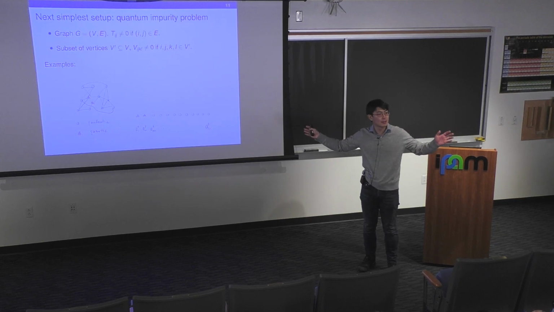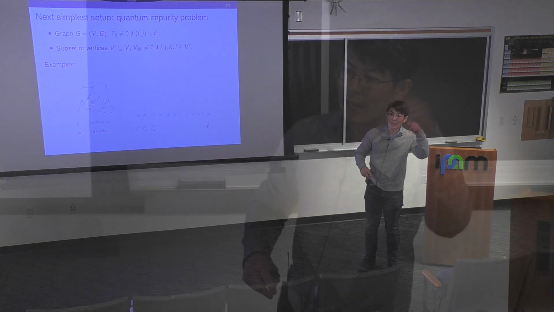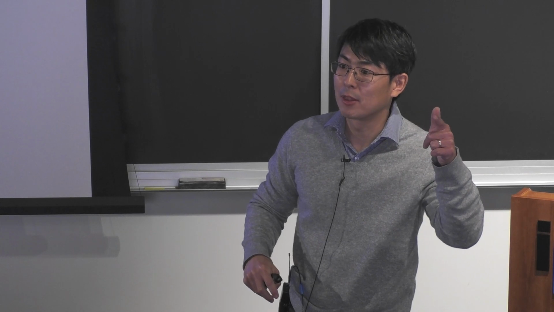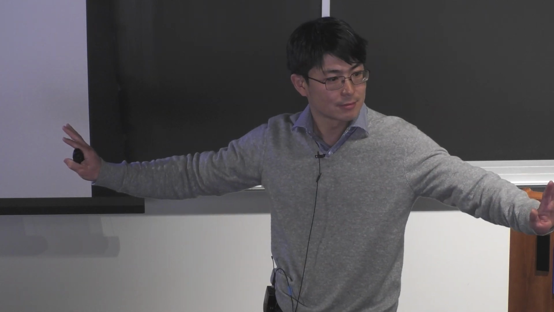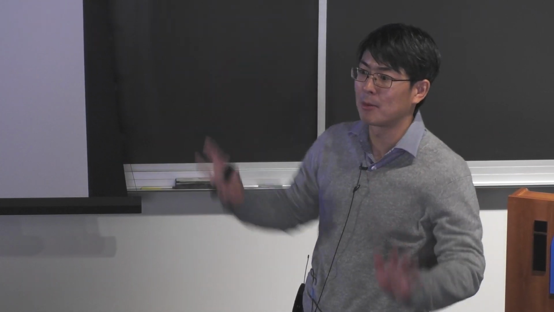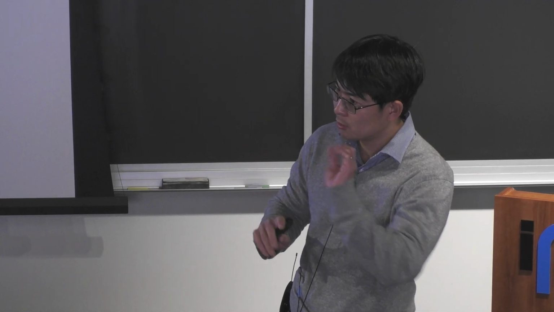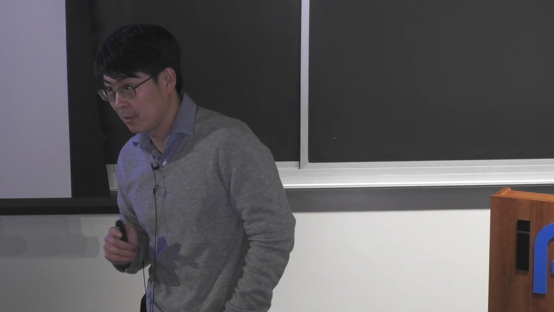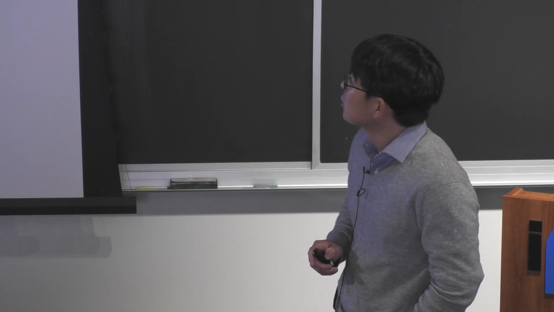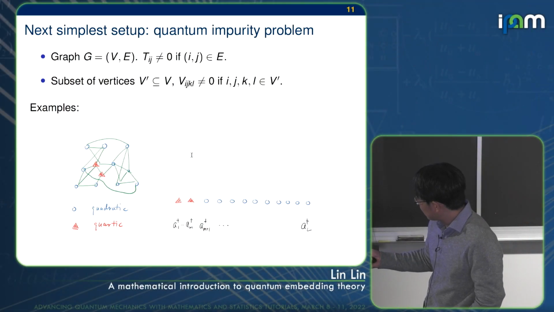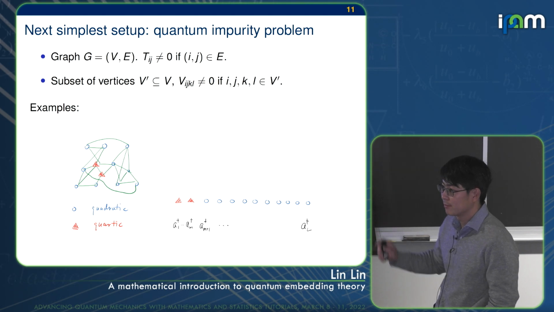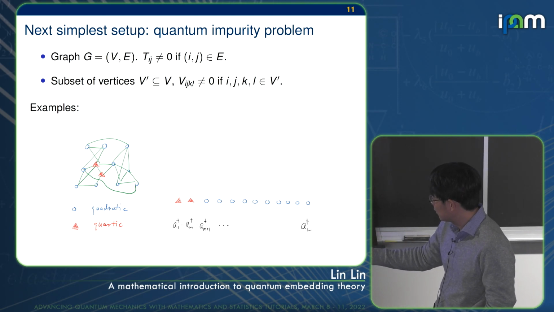Say L is 50 and there are 3 of them. I allow quartic interaction among them. The rest are quadratic. The quadratic can be arbitrary, but the quartic part must be restricted to a subset. This is called the quantum impurity problem. Without loss of generality, the first M have quartic terms, the rest quadratic. Quadratic terms can also couple this and that.